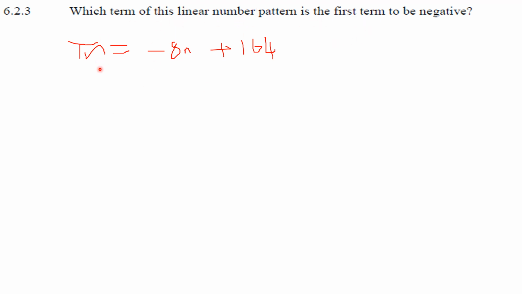negative? So basically, the Tn represents the value of a term. Now, if this value is less than 0, which term will be the first one to have a negative value? So we will just say, if Tn is less than 0, then we will get the first term with a negative value.